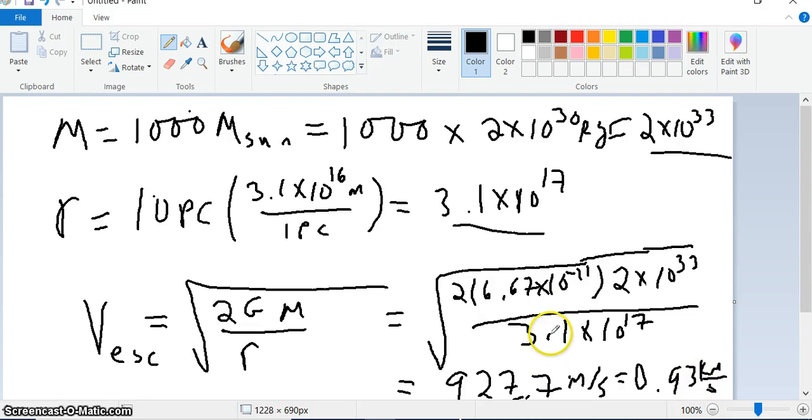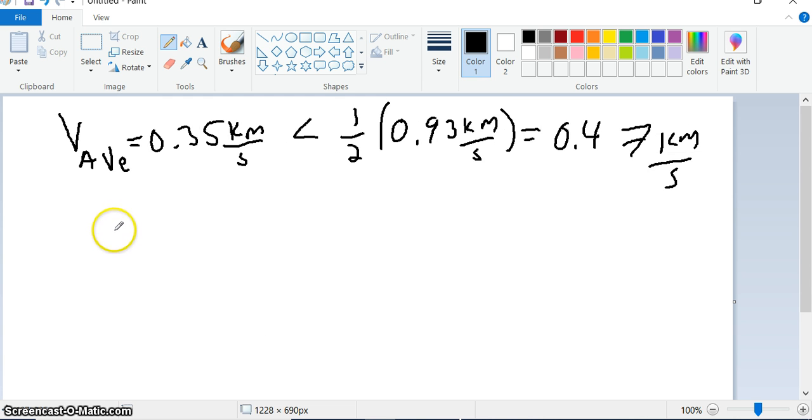All right, remember, we're comparing that with the answer that we got before, which was 0.35. All right, so let me open up a new slide here. Remember, through thermal considerations, we find that the average velocity of the gas molecules inside of this interstellar cloud is 0.35 kilometers per second. We did that calculation first, and so the question is, is that less than half the escape speed? And so the escape speed is approximately 0.93 kilometers per second, and so you take half of that, you get 0.47.